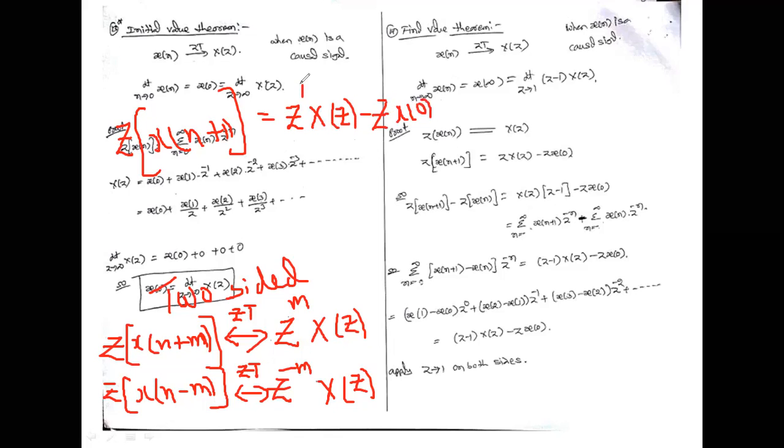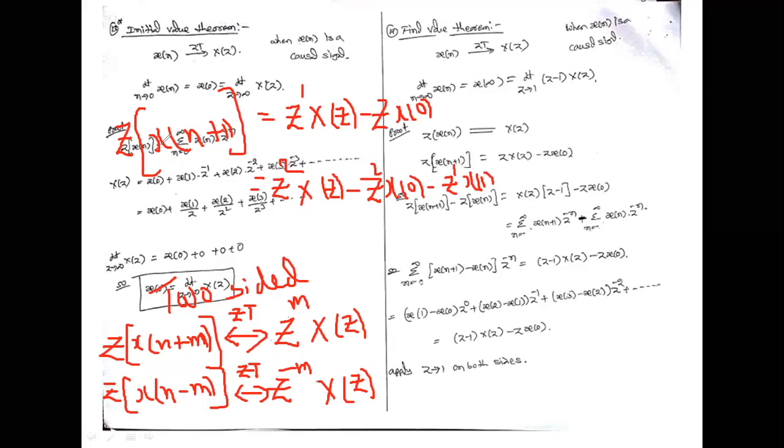Still it increases, it becomes z squared. And here z squared X(z), and it goes on increasing, and these values are decreasing, the power decreases. So z squared X(z) minus z squared x(0) minus z power 1 x(1), and so on like this.